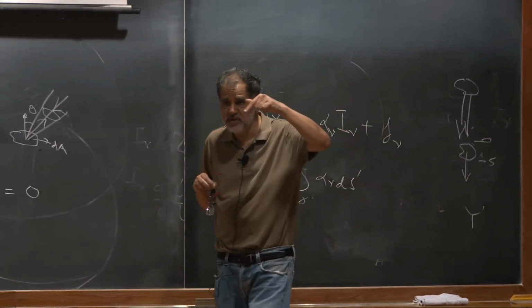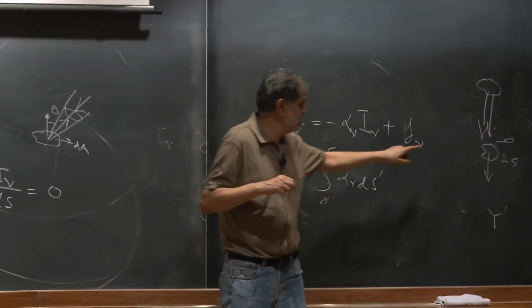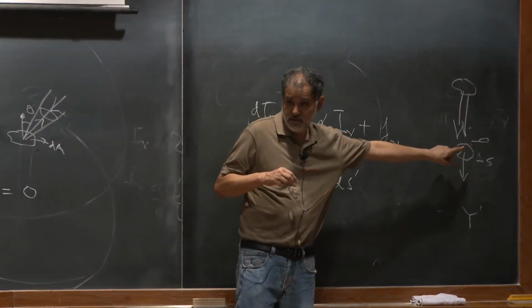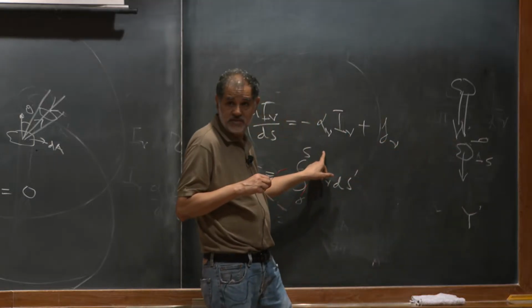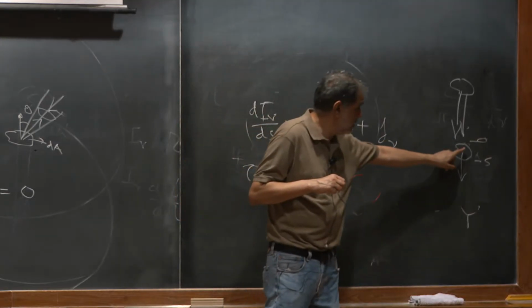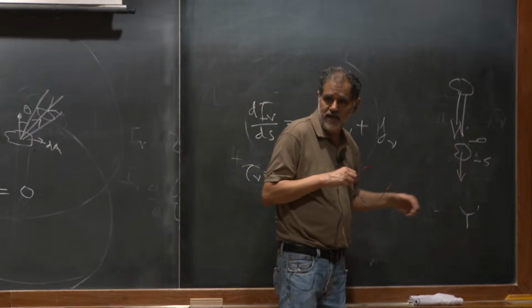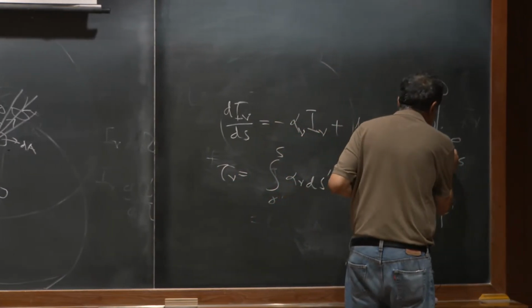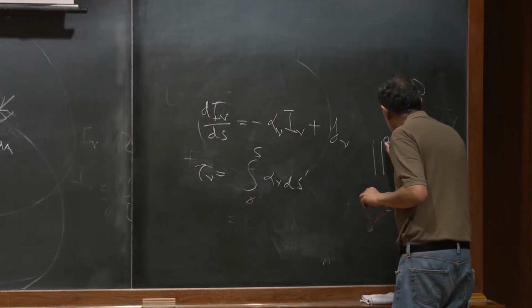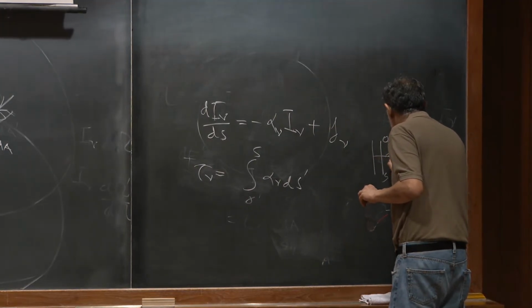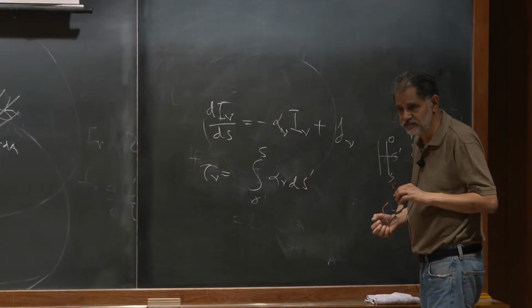The photon is coming from behind, or it can even originate inside the blob and come towards you. So the probability is not just for a photon coming from behind, that is from 0 to S. It could well be from S prime to S. S prime could be somewhere here. I can draw a column to be convenient. This is 0, this is S, this could be S prime.